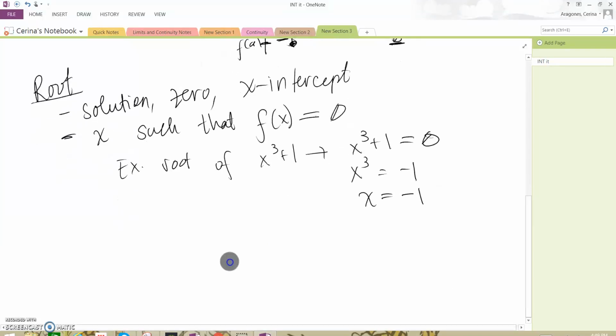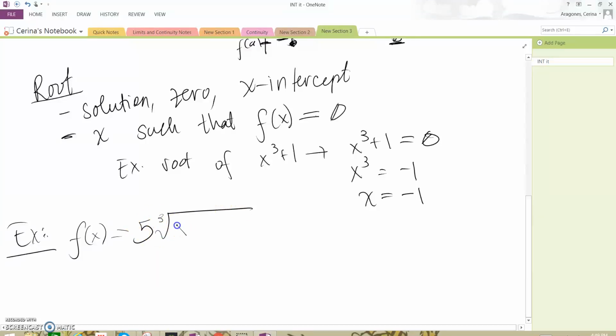Often the intermediate value theorem is used to show that a function has roots on a particular interval. And let's do an example of that. So for example, let's say I have a function f of x equals 5 times the cube root of x minus 2, minus 4. So this is continuous.